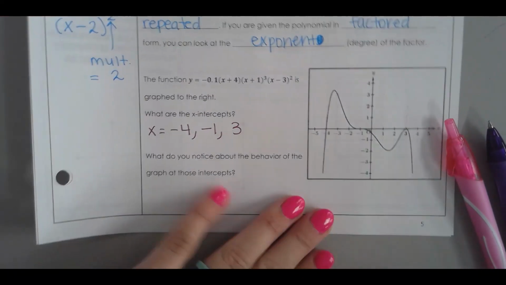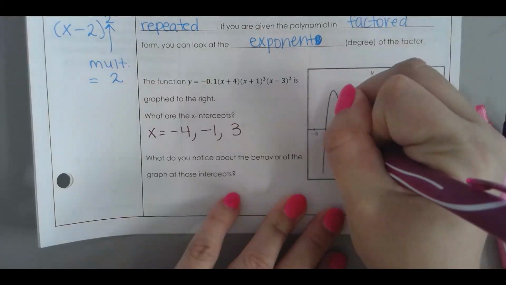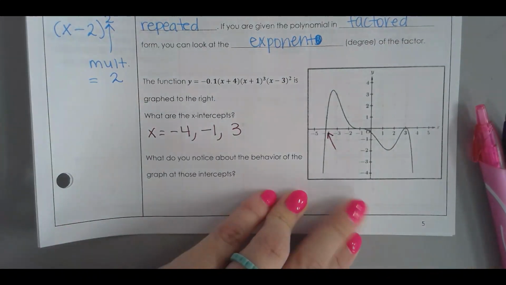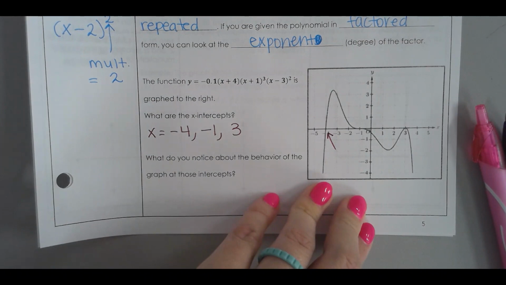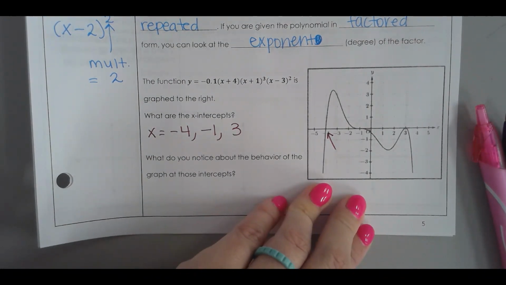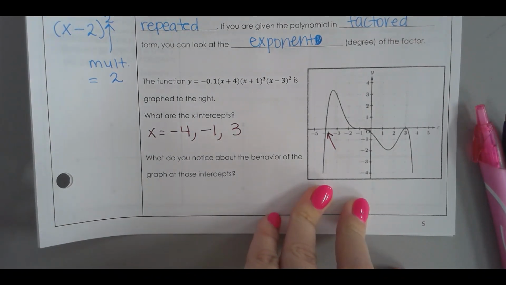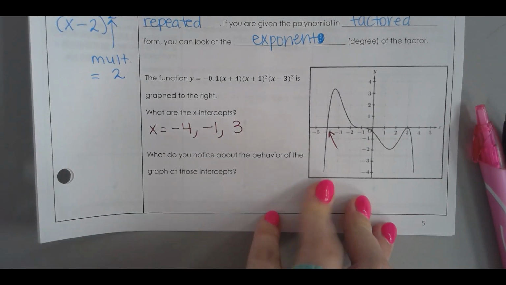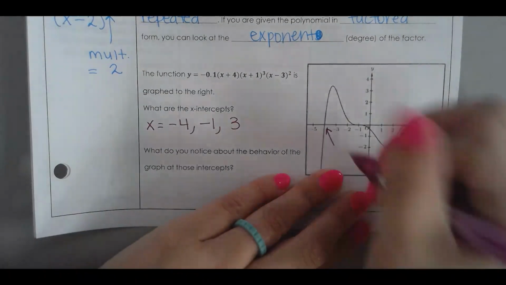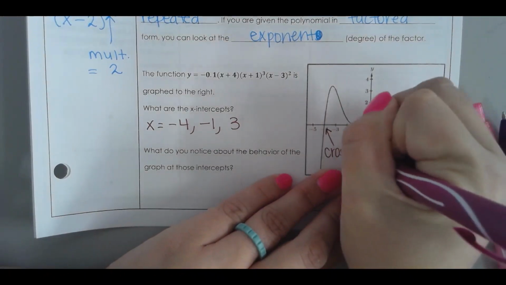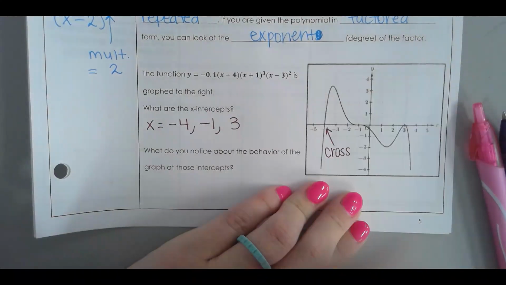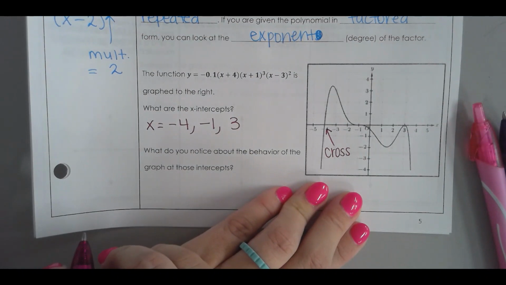So at the x-intercept of -4, what does the graph do at that x-intercept? What does the line do? It crosses through the x-axis. Yep.